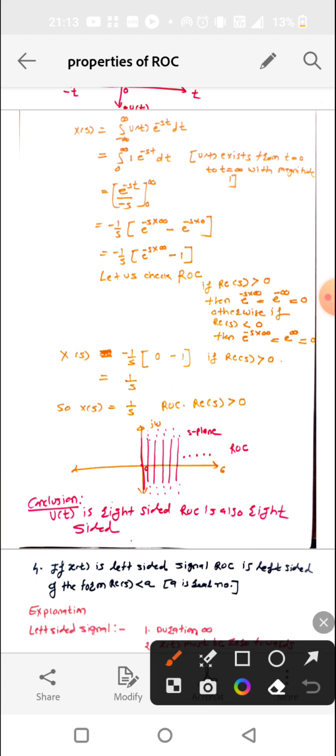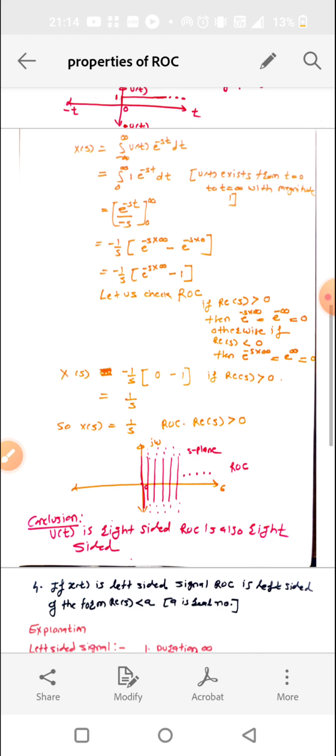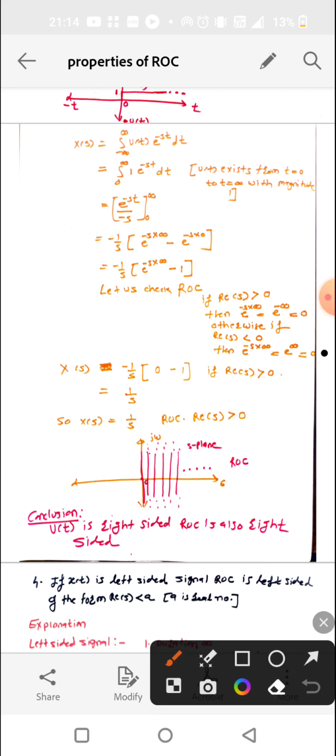If s is negative, then negative s into infinity is positive infinity, that is e raised to infinity, and e raised to infinity is equal to infinity.